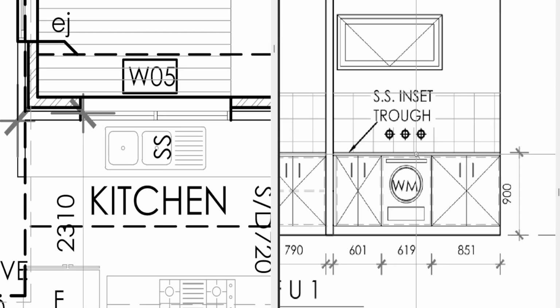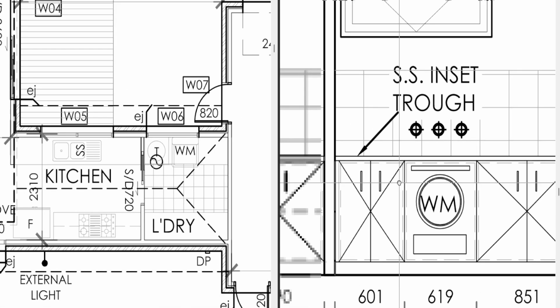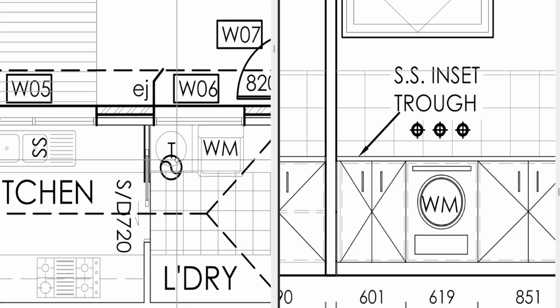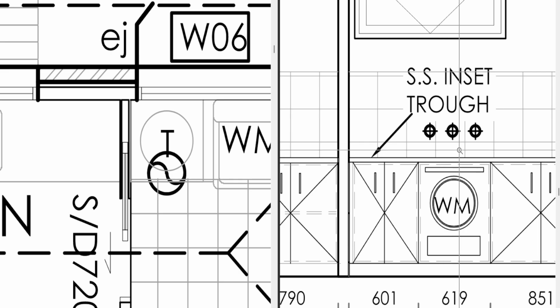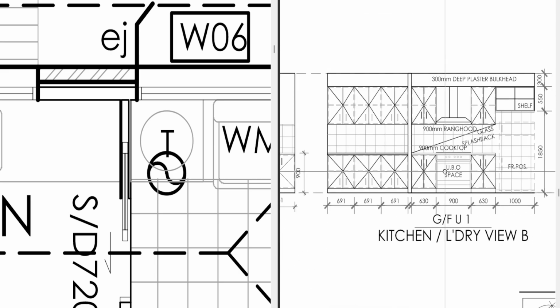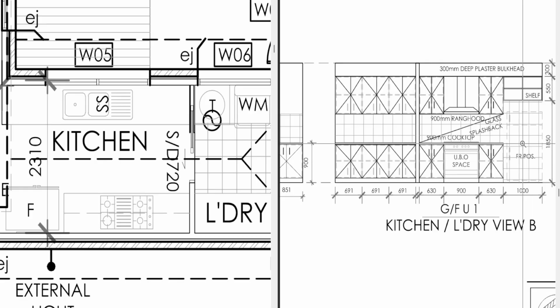If you can see, here is the washing machine. In this part there is a washing machine, and here's a laundry trough. Here you can check the kitchen, another elevation on this side, where there is a cooktop and range hood, and the refrigerator.